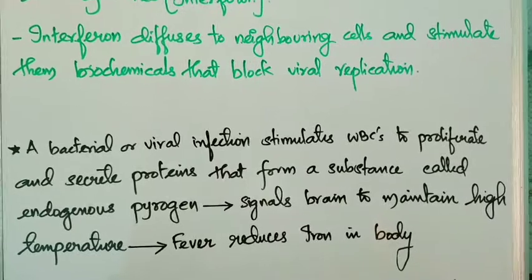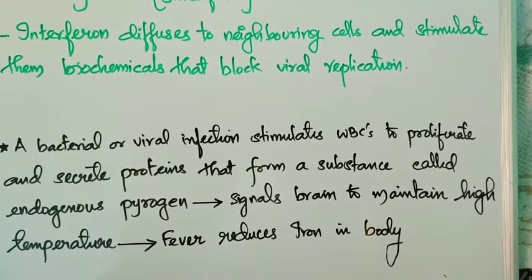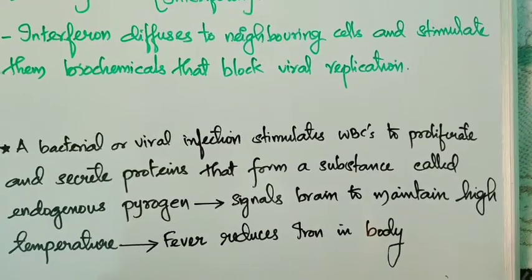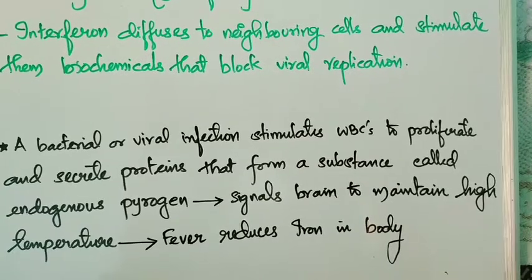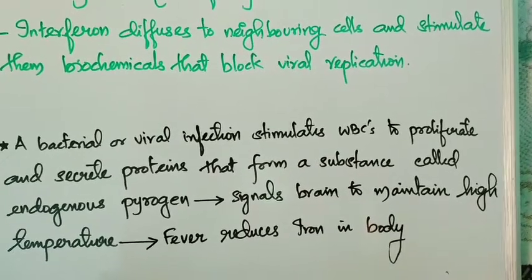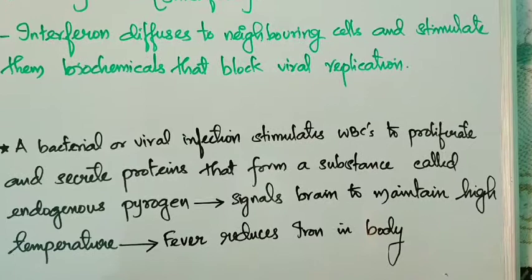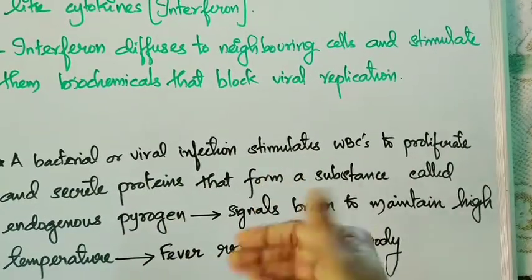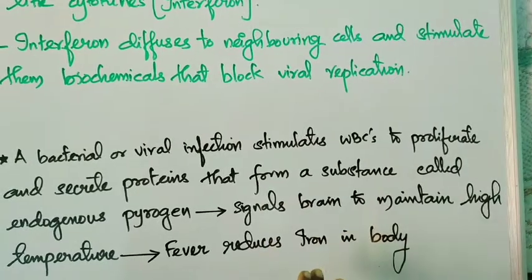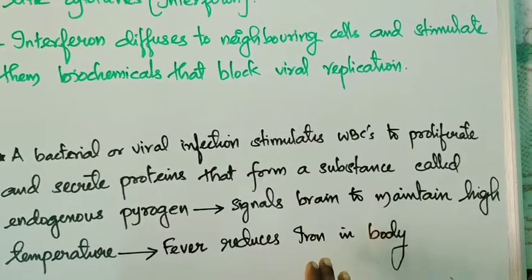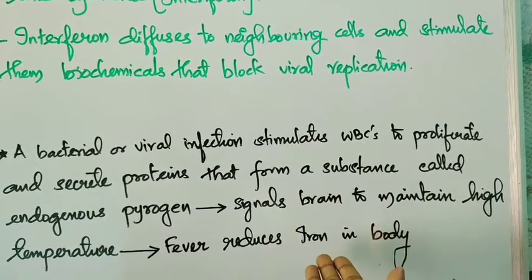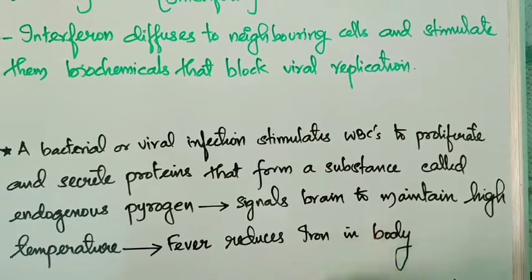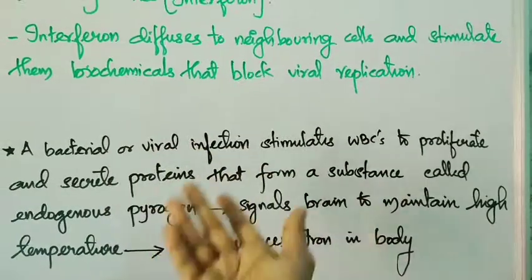When fever is there, in a fever affected person, the iron content in the body reduces a lot. Bacteria and viruses usually need lots and lots of iron for their replication and multiplication. So when the fever affected person's body has very little iron, such replication is also not possible.